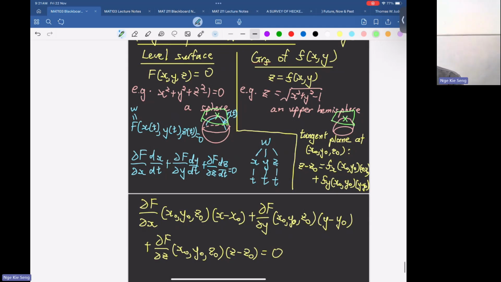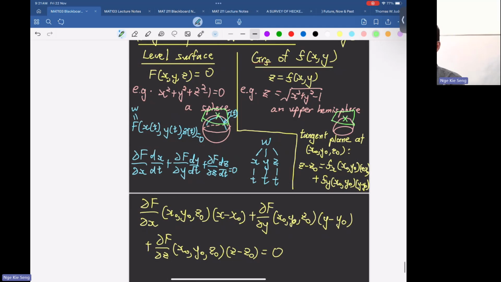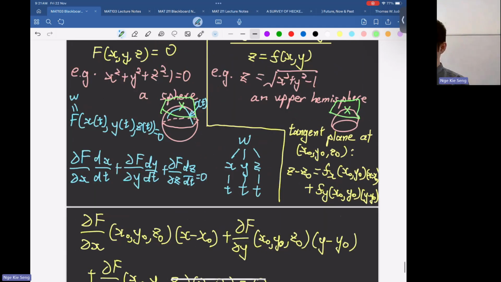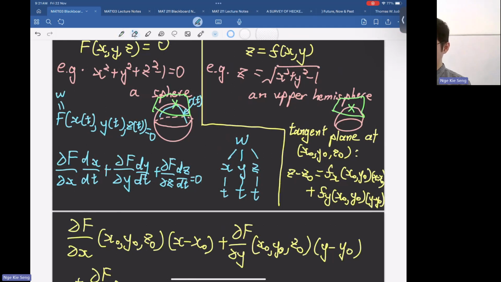So inside here should be 1 minus x squared minus y squared.